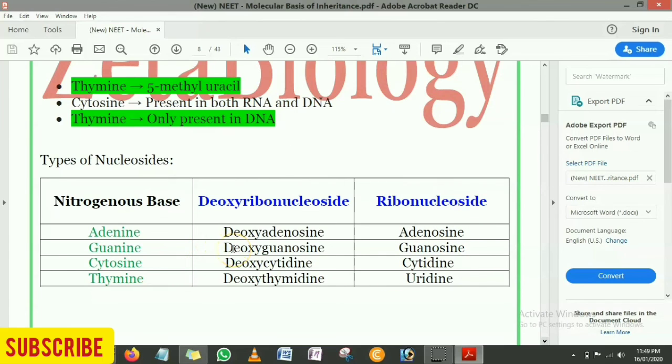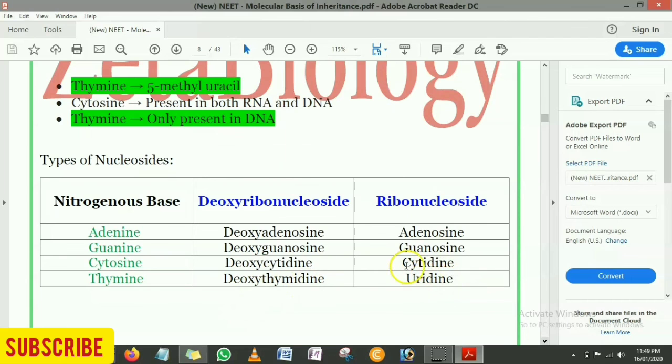And cytosine will form deoxycytidine. Remember this because it's not the same. Deoxycytidine in DNA, and in RNA it will form cytidine. And thymine will form deoxythymidine in DNA, whereas in ribonucleoside, that is RNA, it will form uridine.